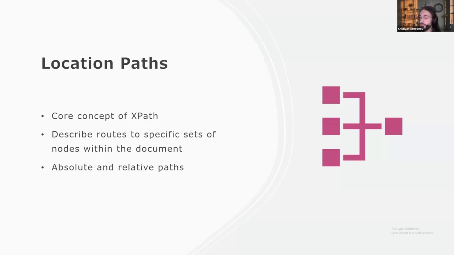Location paths. At the core of XPath lies the concept of location paths, which describe routes to specific sets of nodes within the document. These paths can be absolute, providing an unambiguous starting point at the root of the document, or relative, which reference nodes in relation to a given context.